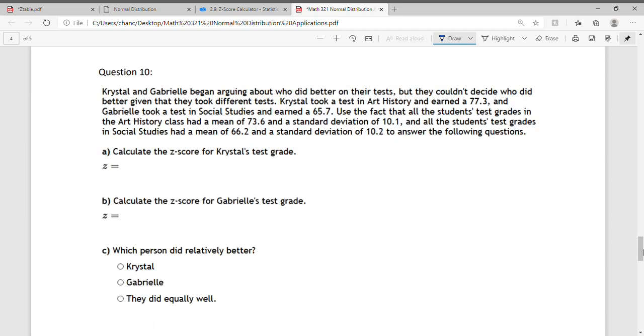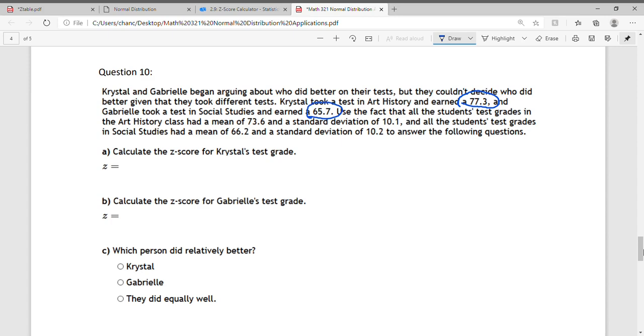Question number 10. Crystal and Gabriel began arguing who did better on their tests, but they couldn't decide who did better given that they took different tests. Crystal took a test in art history and earned a 77.3, and Gabrielle took a test in social studies and earned a 65.7.